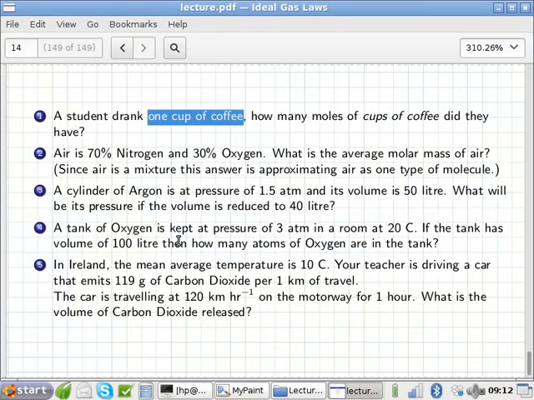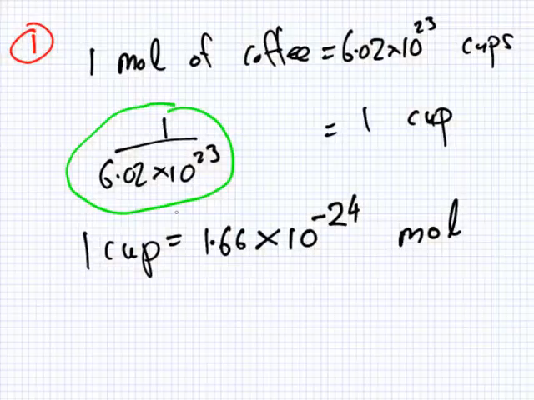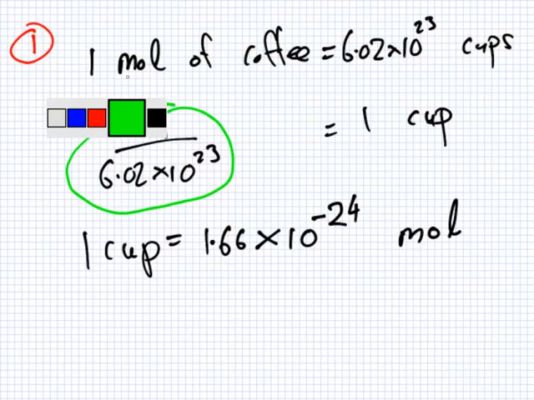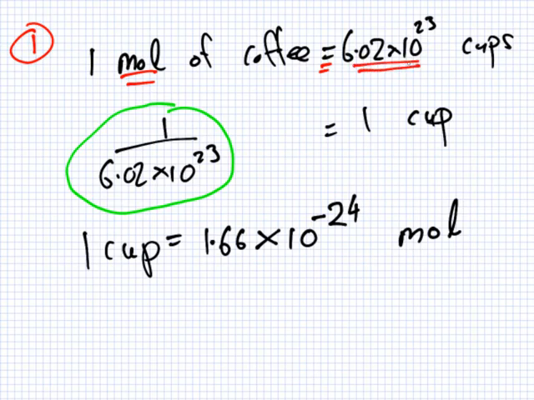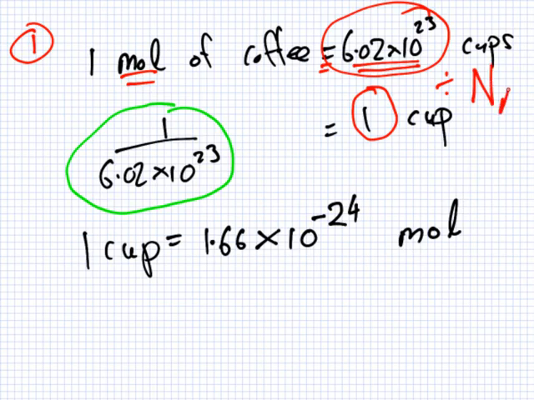What is 1 mole? 1 mole is 1 Avogadro from chemistry as well. But I don't want this many cups, I only want 1 cup. So I need to divide by Avogadro's number. So here it's 1 divided by this number. I bring it underneath. Is that okay?